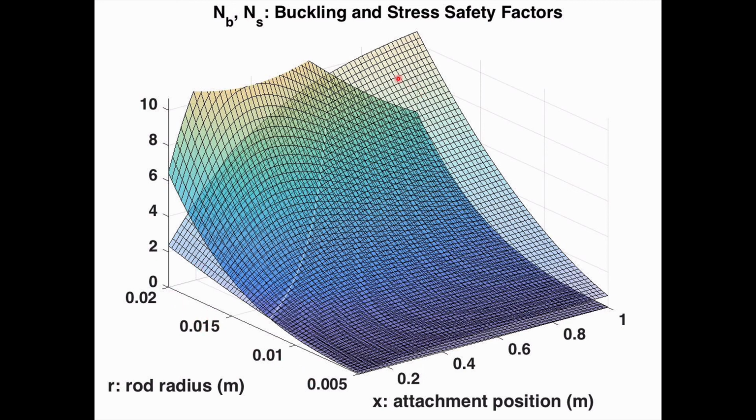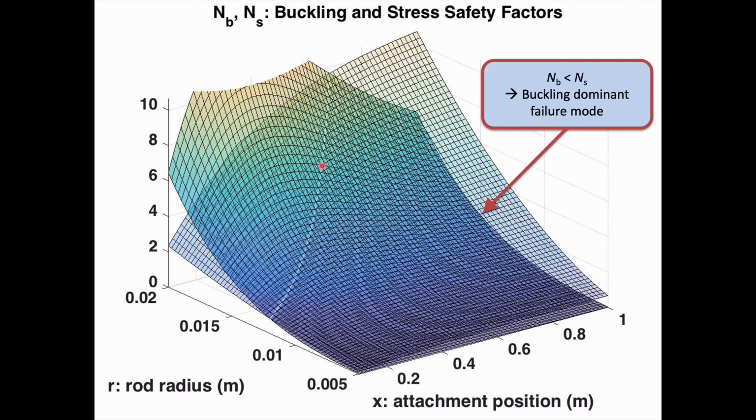We have two surfaces shown, and one of these surfaces is the buckling safety factor, and the other surface is the yield strength safety factor. Over in this region, it turns out that the buckling mode is the dominant load.